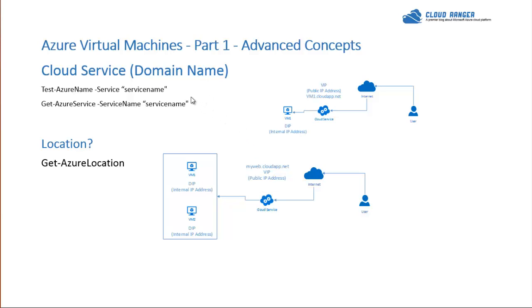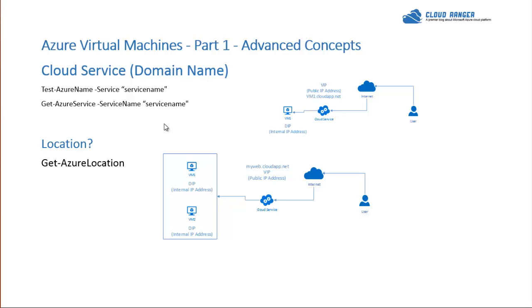There are two cmdlets I want to demonstrate right now: Test-AzureName with the service parameter, and Get-AzureService. When you are going to create a virtual machine or a cloud service on the UI, meaning on the management portal or the preview portal, it gives you enough information on whether this cloud service is available or not.